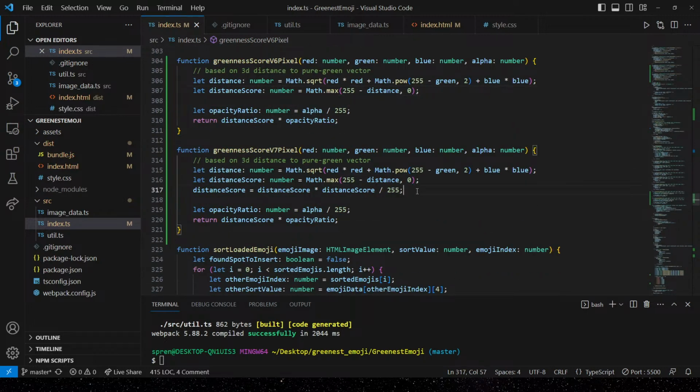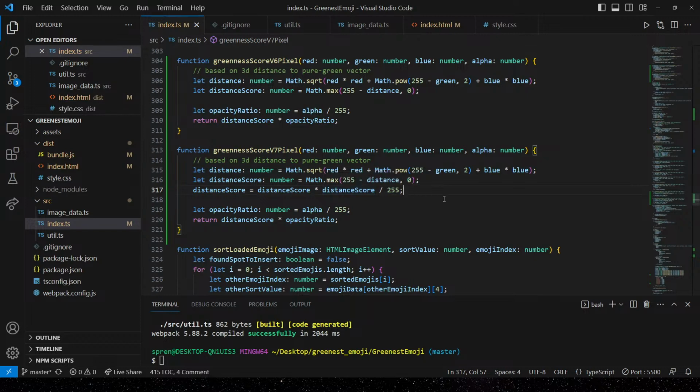And then what I did here was effectively just square it. I'm not 100% sure that this is right, but I think it is.